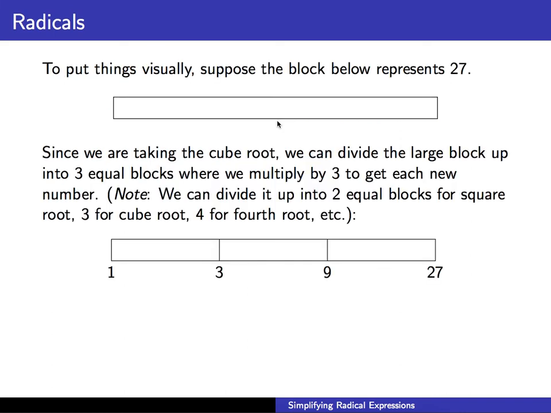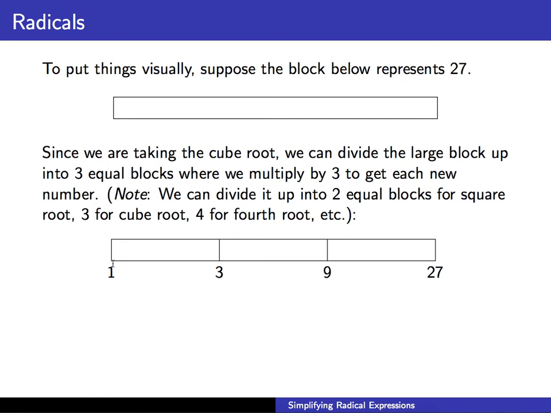And so to put things visually, suppose the block below represents the value 27. Since we're taking the cube root, we can divide the large rectangle into 3 equal blocks where, instead of just adding to get from one number to the next, we have to multiply by 3.